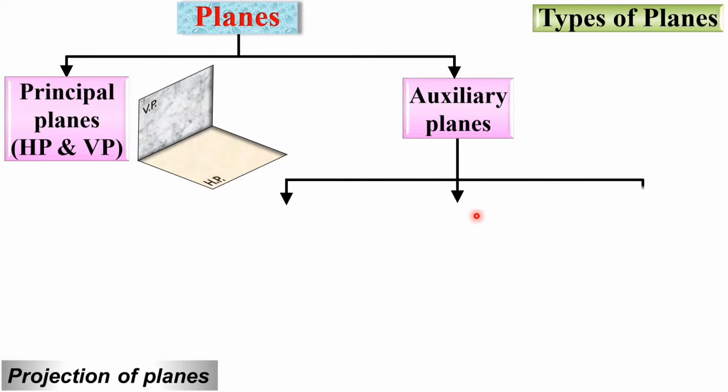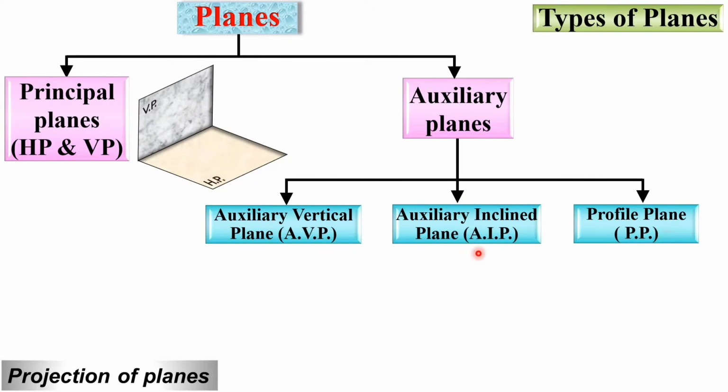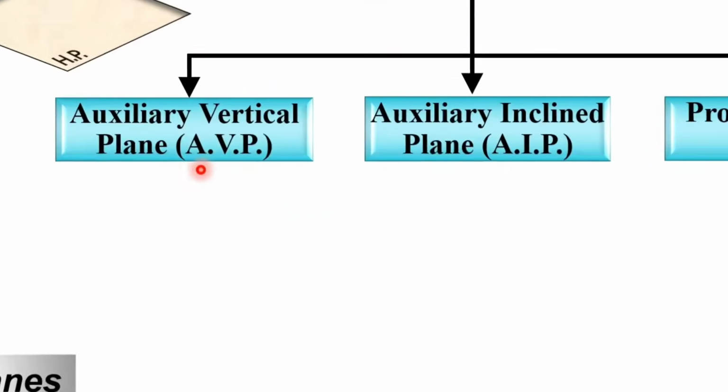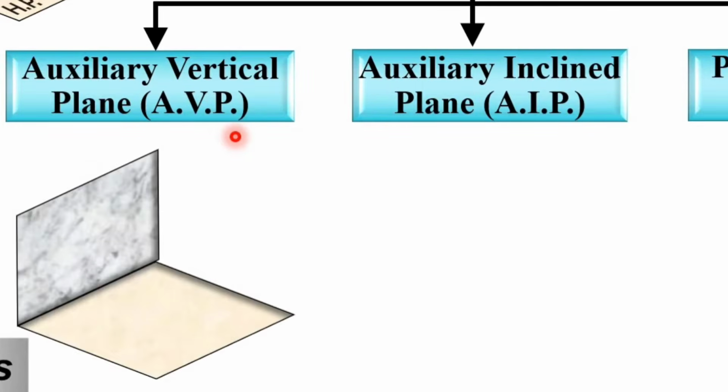Auxiliary planes are once again divided into three groups: auxiliary vertical plane, auxiliary inclined plane, and profile plane. Auxiliary vertical plane is also called the AVP. From the name itself it indicates it is actually a vertical plane, but it is inclined to the vertical plane.